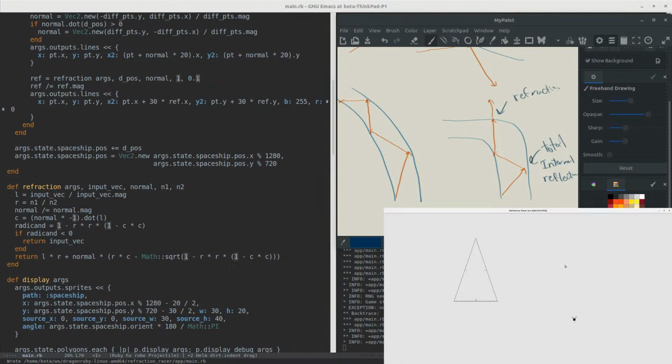And that presumably will give me something that's good enough for now, and then we can reevaluate that later. So now it's just basically taking whatever the input vector is. But yeah, basically I do want to implement total internal reflection at some point, and then that way you can bounce around, and that should be an interesting piece.